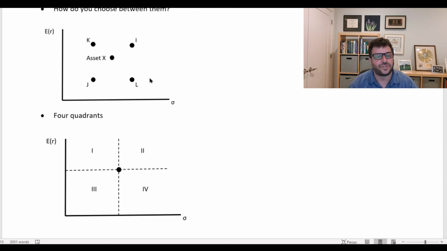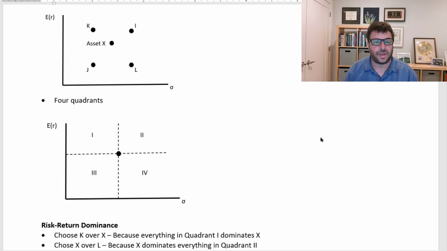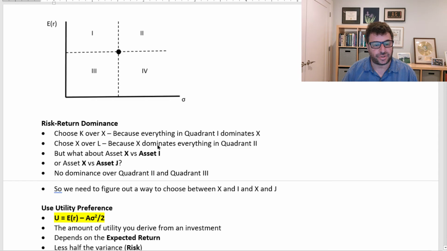We're done. That's super easy. Where this becomes confusing, where this becomes complicated, where we have issues is, what about I versus X and X versus J? K relative to X is easy. X relative to L is easy. But I versus X and X versus J, this is when it becomes trickier.